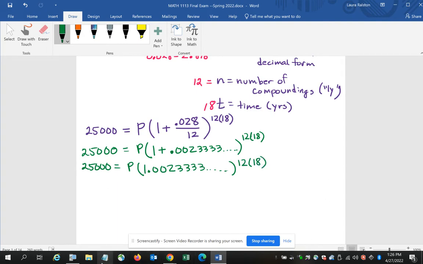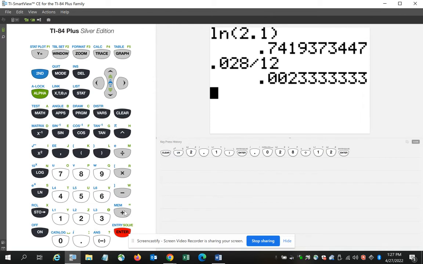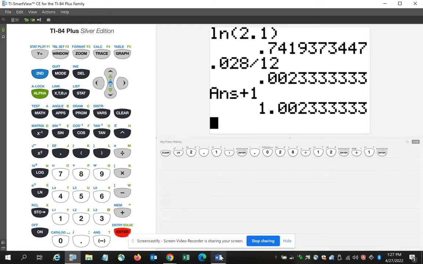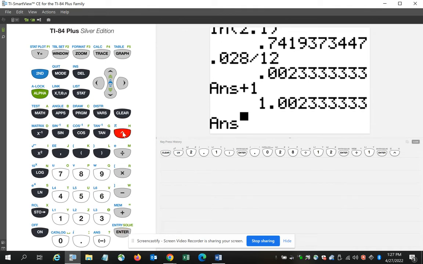Again, I'm going to do that on my calculator. I'm going to say plus 1. That gives me that answer. Then I've got to take that answer and raise it to 12 times 18. Notice I put parentheses around that exponent.